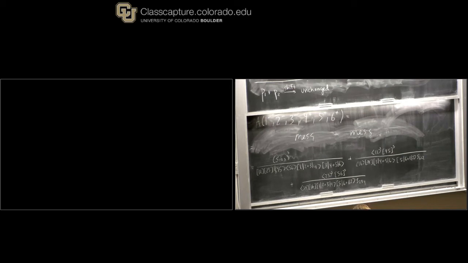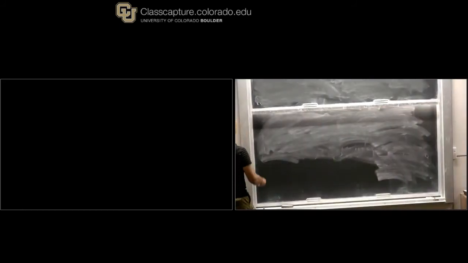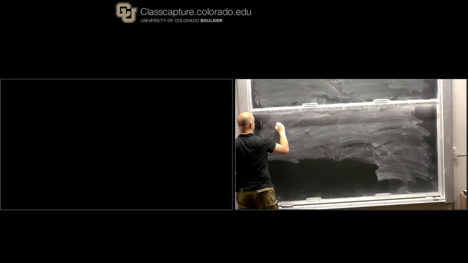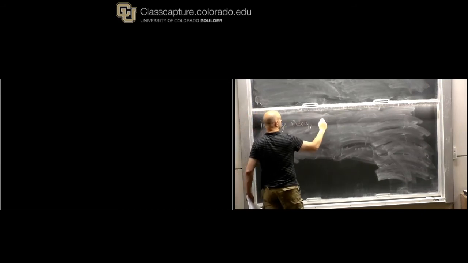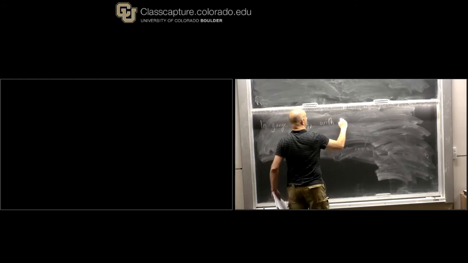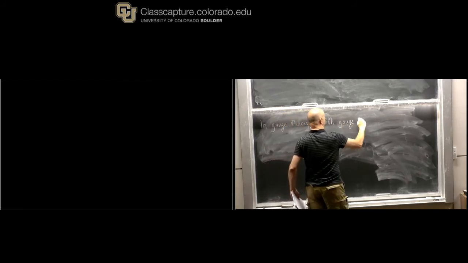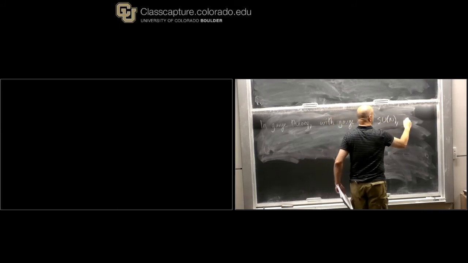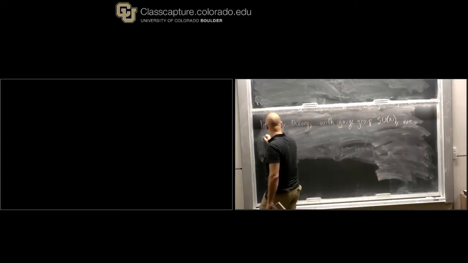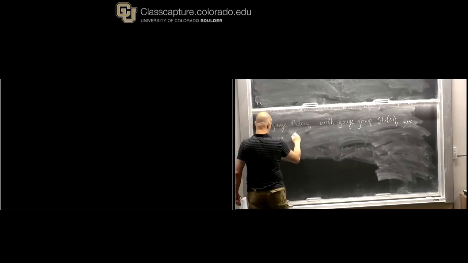All right. I do want to make one comment that in gauge theory, with gauge group SU(N), we can use a useful trick called color ordering.